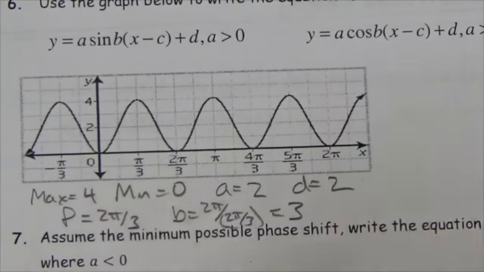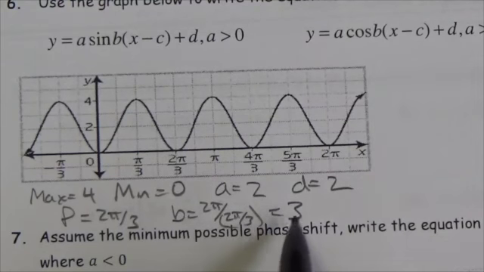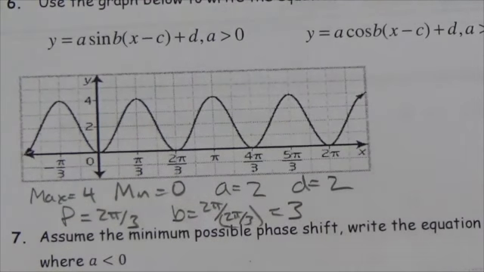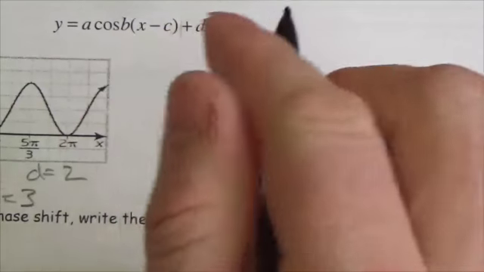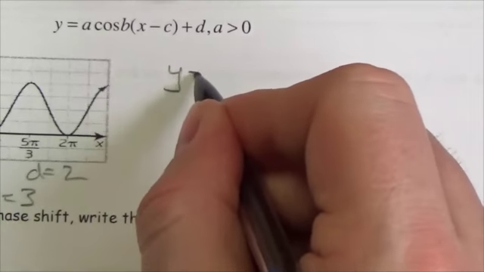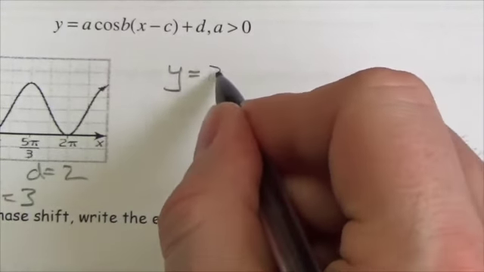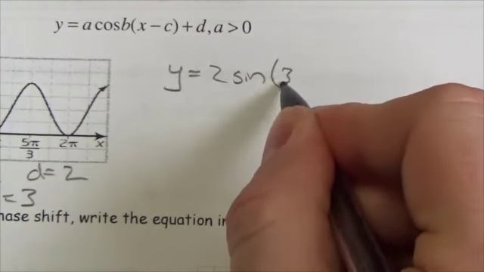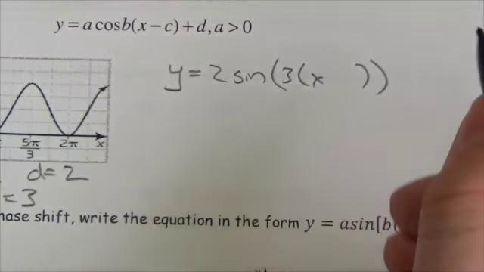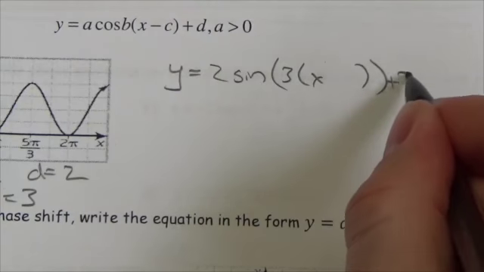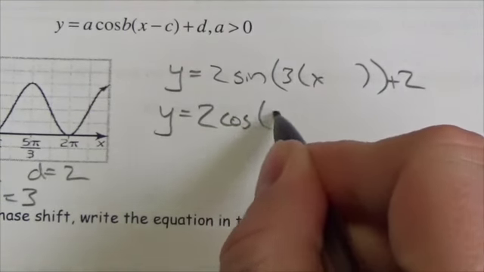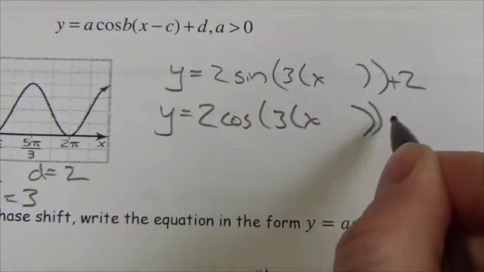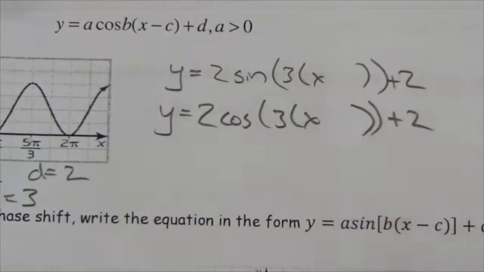When you play with that a little bit, you'll find right away that the b value becomes 3. Now, I'm looking for a sine and a cosine equation. My sine equation is going to be 2 sine of 3x, and I don't know what the horizontal phase shift is yet, plus 2. Cosine is going to be 2 cosine of 3x, and I don't know what the phase shift is yet, plus 2.